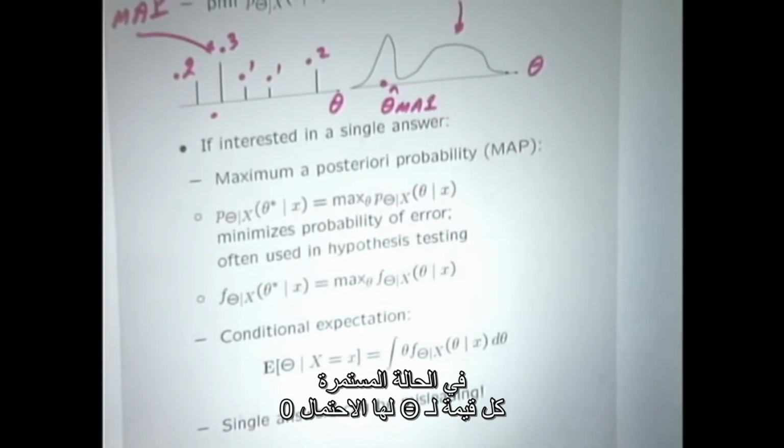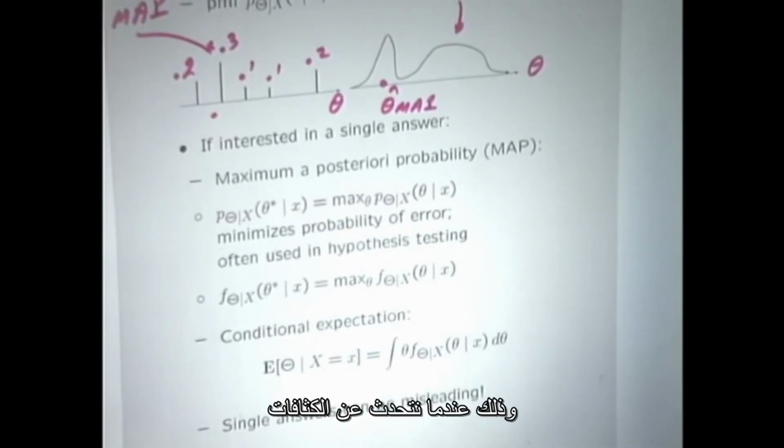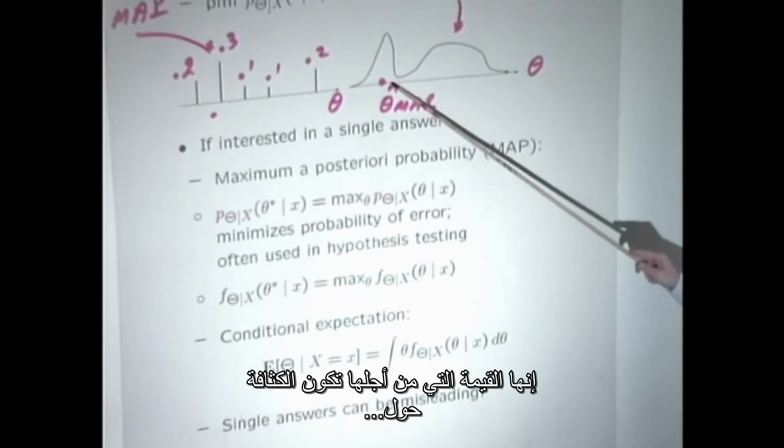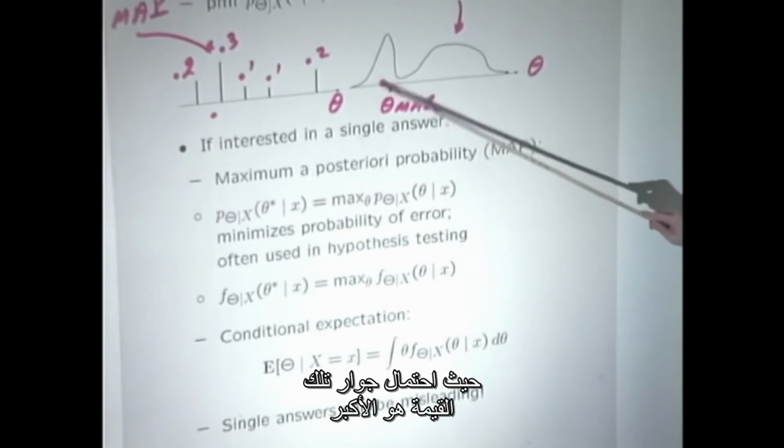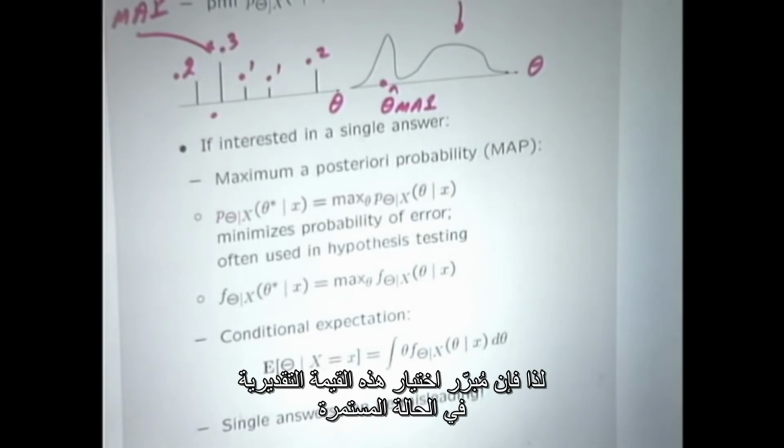In a continuous setting, any value of theta has zero probability, when we talk about densities. So it's not the most likely, it's the one for which the density around it, so the probabilities of that neighborhood, are highest. So the rationale for picking this particular estimate in the continuous case is much less compelling than the rationale that we had in here.